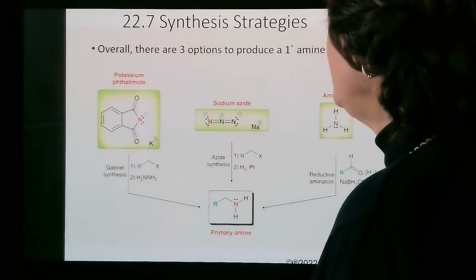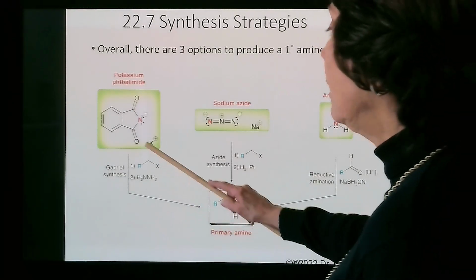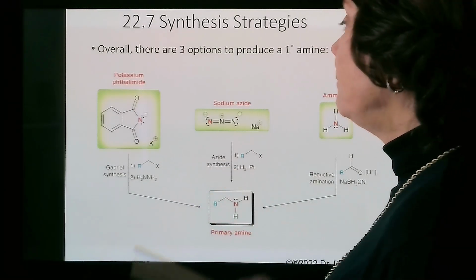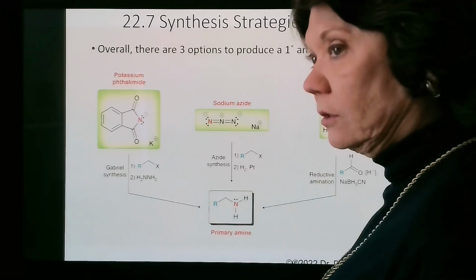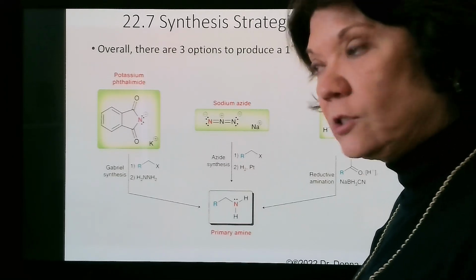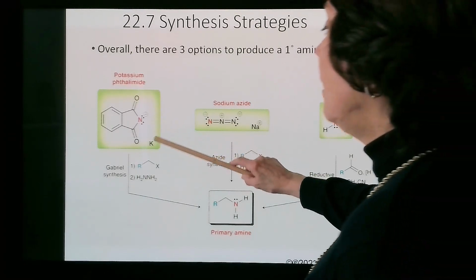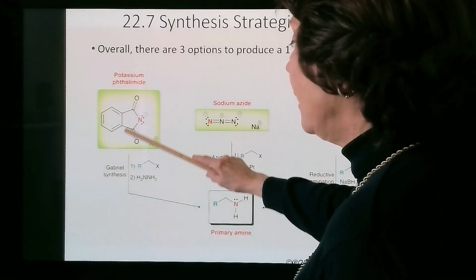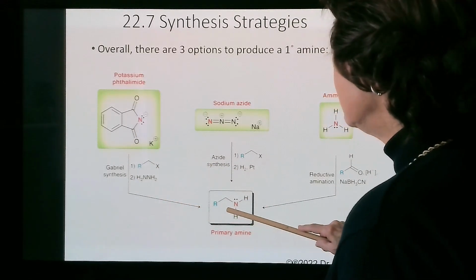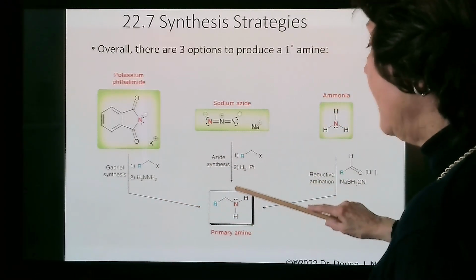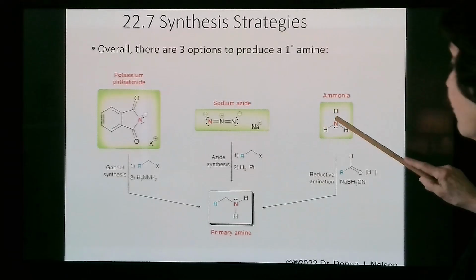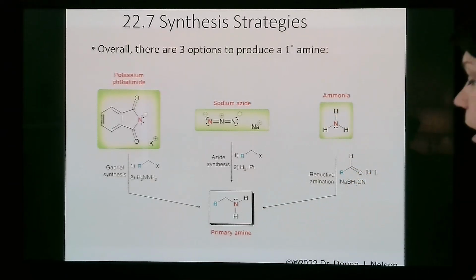So there are 3 options to producing the primary amine, 3 new ones that you've seen in this chapter. And to review, this is the Gabriel synthesis, or the sodium azide, or the reductive amination, which we just saw.